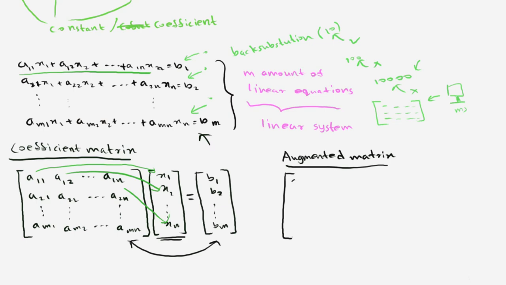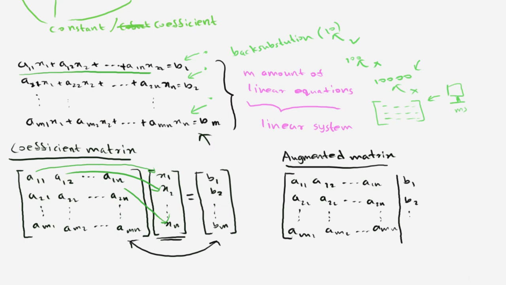The coefficients will be written on the left side: a11, a12, up to a1n, then a21, a22, and so on up to a2n, and am1, am2, and so on up to amn, and we draw a line, and we write our b values.